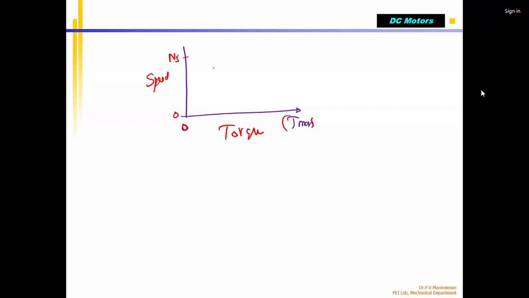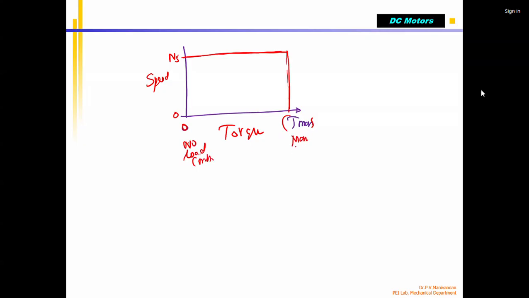This is the maximum. It will maintain speed until the load torque becomes more than the maximum torque, correct? This is the maximum torque. Then the speed becomes 0. You can see it suddenly drops. Theoretically, speed is maintained constant from 0, no load, to this maximum load condition, T max.